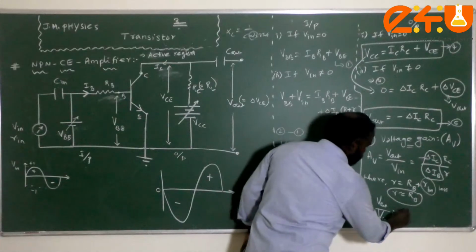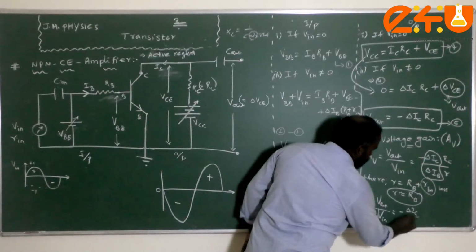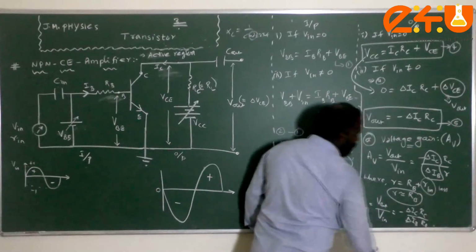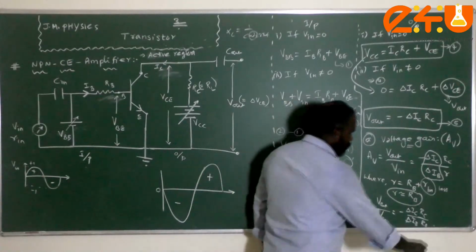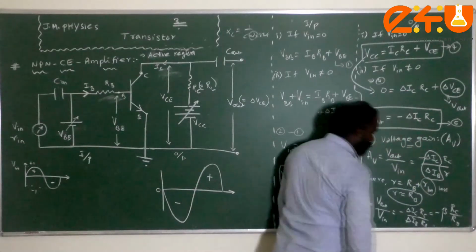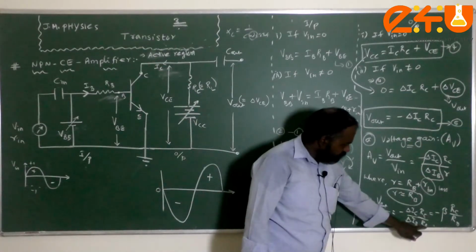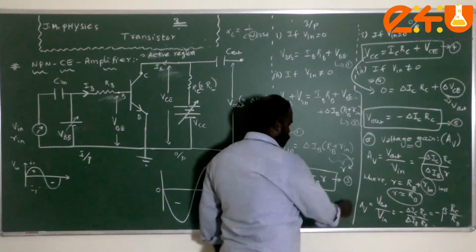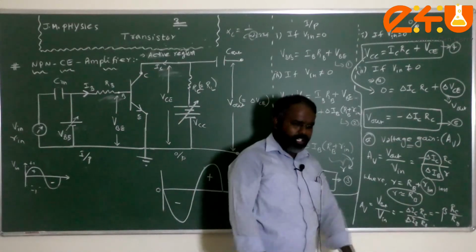So I can write that as minus delta IC by delta IB into RC by RB, that is equal to minus beta into RC by RB, because delta IC by delta IB is equal to beta. So this is the equation for the voltage gain.